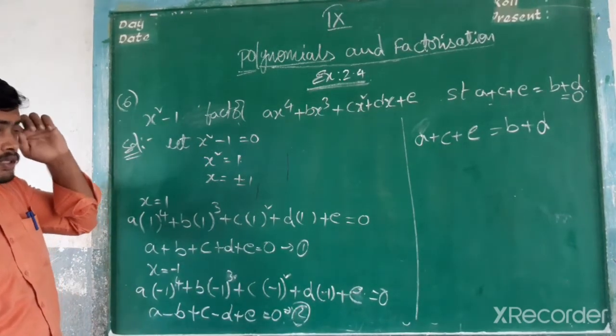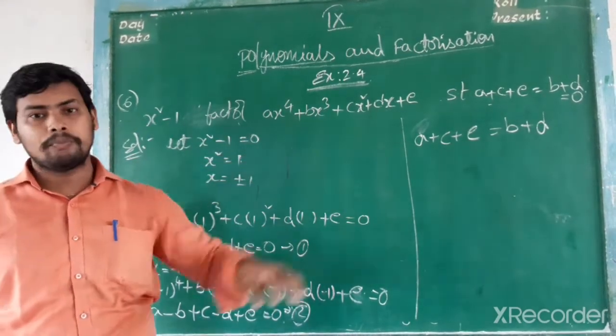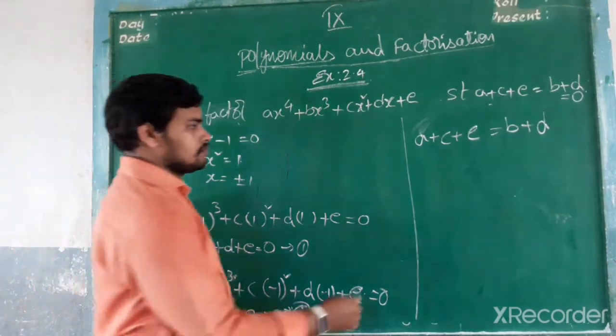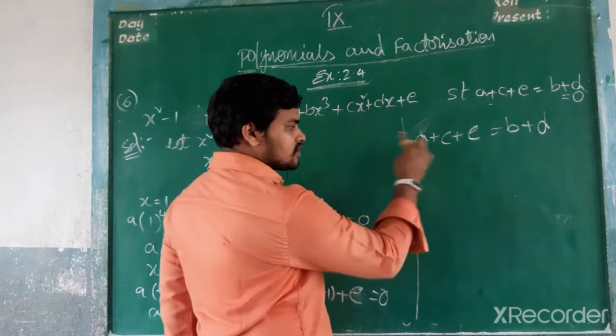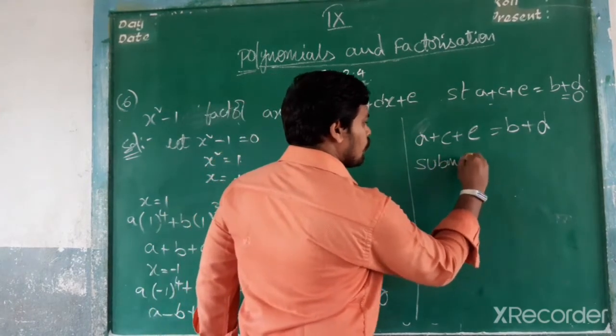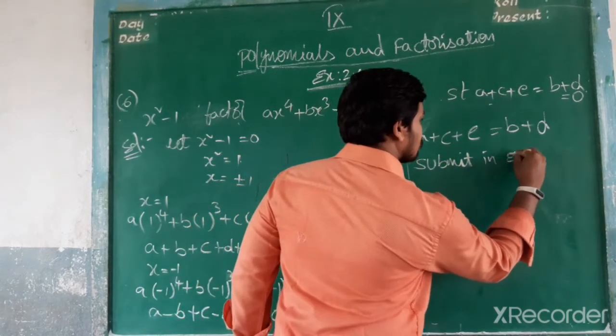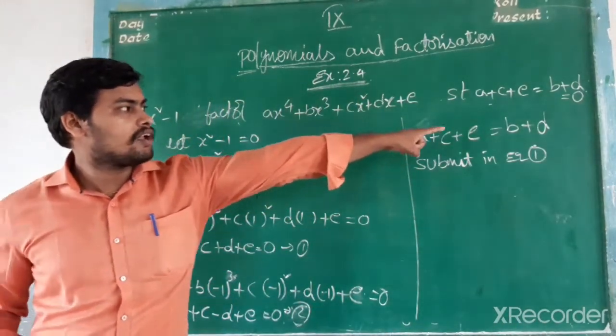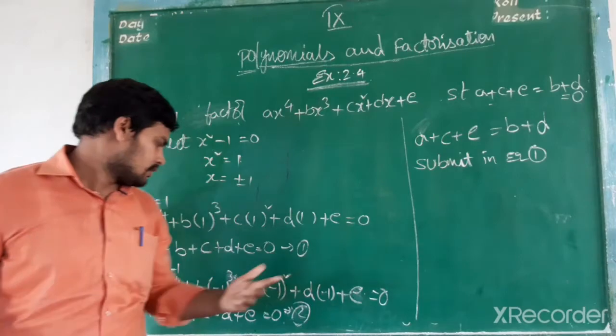Now substitute a plus c plus e equal to b plus d in equation 1. Substitute this value in equation 1. The a plus c plus e value is b plus d.